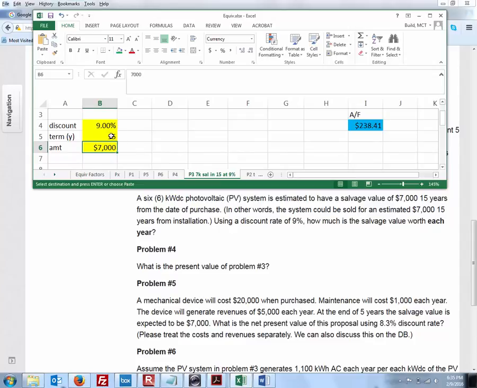We're told that. We're running for 15 years. The discount is 9%. The easiest way to think, if I'm reading this correctly, the salvage value is the same as $238.41 a year. Just the straight up annuity as a function of the future value. Is that what you got? Something like that, yeah. Okay. So I think that's as simple as it sounds.